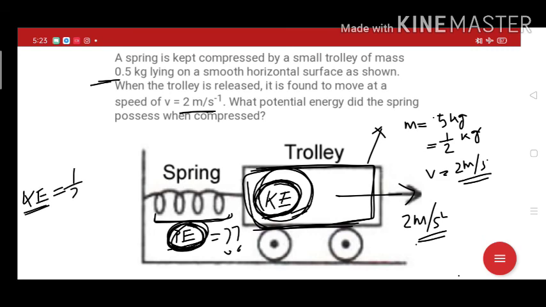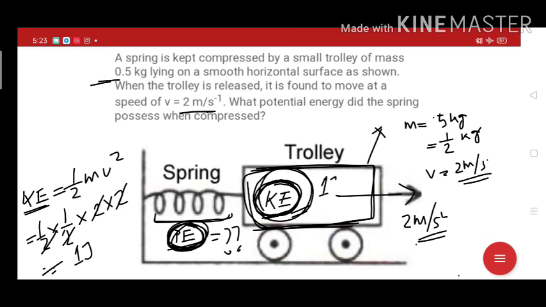That is half mv square. That means half into m, which is also half, and then v square is 2 into 2. So 2 got cancelled, 2 got cancelled. It is exactly 1 joule. So 1 joule is the kinetic energy in the trolley.